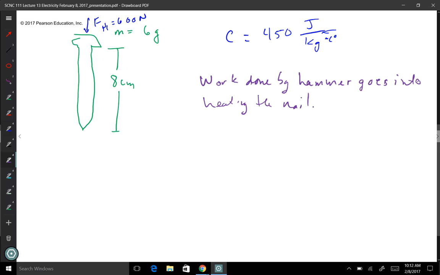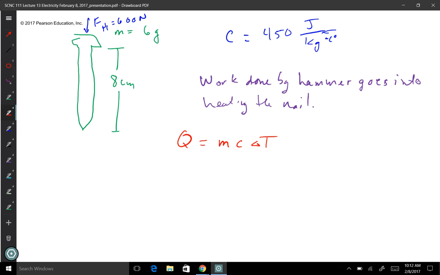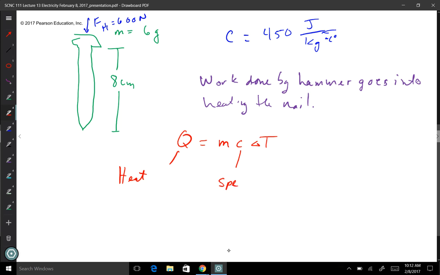And so we had an equation. The heat is equal to the mass of the object multiplied by the specific heat multiplied by the change in temperature. This equation looks almost exactly like the previous one, only the names have been changed. This here is now the heat. This is, of course, mass of the object. C is what we call the specific heat. If you want to be real technical, it's the specific heat capacity.